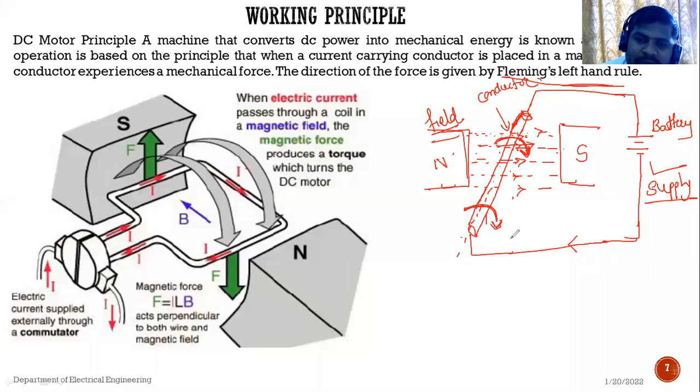When the current passes through this winding or armature winding, and this armature winding is placed in the magnetic field created by a permanent magnet or an electromagnet, it experiences a mechanical force. That means it will start rotating in any one of the directions, and the direction of rotation depends upon Fleming's left hand rule.